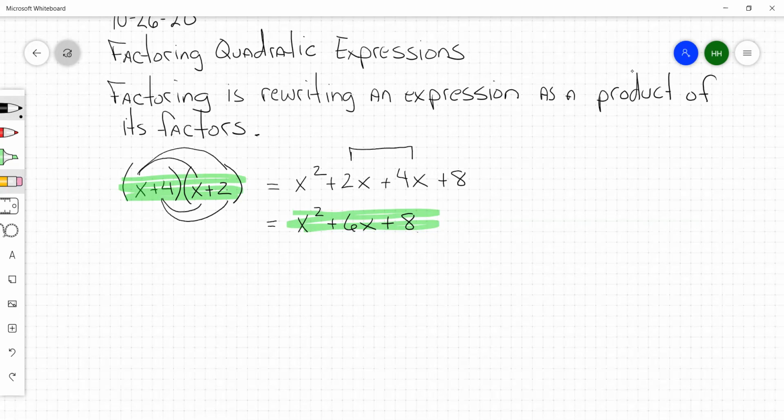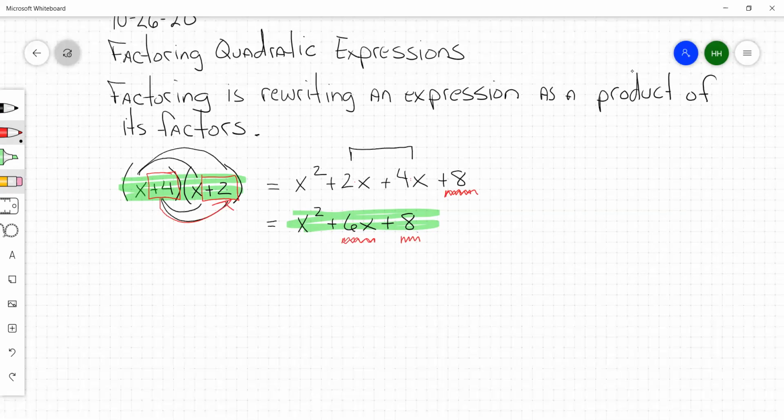If you look at this 8 right here at the end, this 8 and this 8, this 8 came from this 4 times this 2. All right? Right here in this step, we multiplied 4 times 2, and we got positive 8. And look what this 6x came from right here. This 6x came from a 2x plus a 4x.